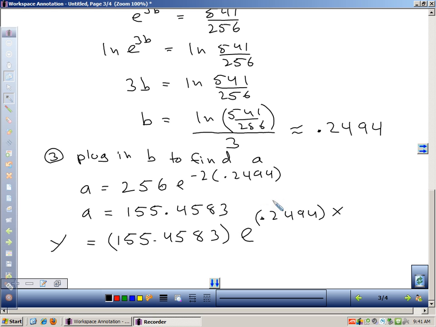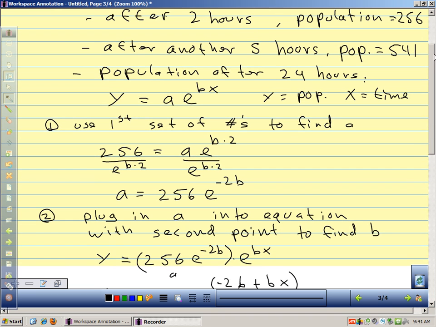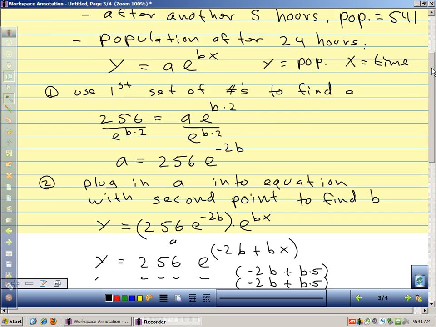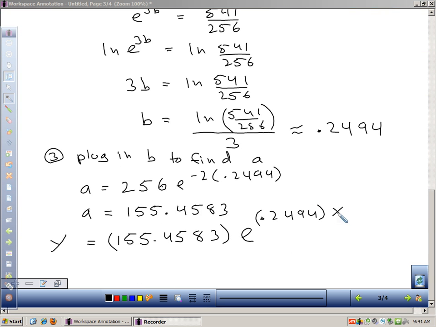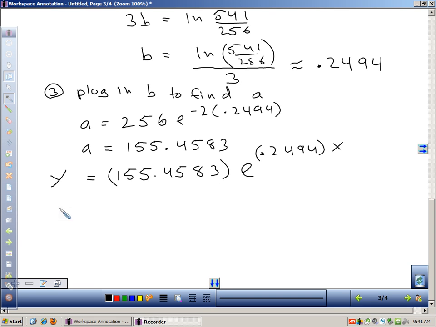And the original problem that we were asked to solve is what is the population after 24 hours? If we go clear back to the top, it says what's the population after 24 hours. So we had to do all these intermediate steps before we could even get to that. So now we plug in 24 for our time. So we get y equals 155.4583 e to the 0.2494 times 24.